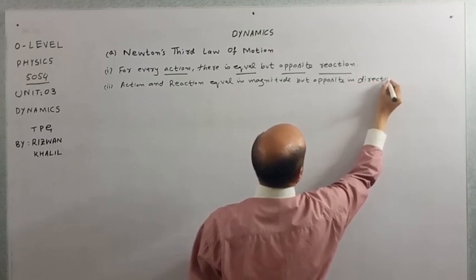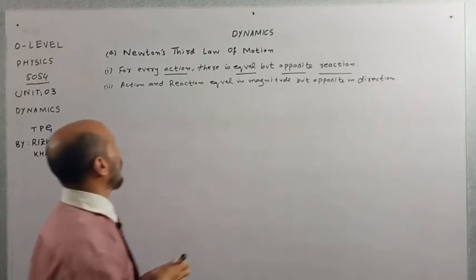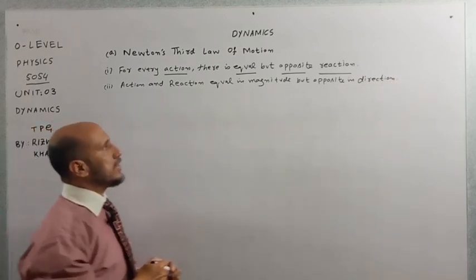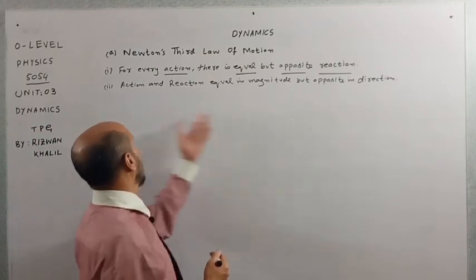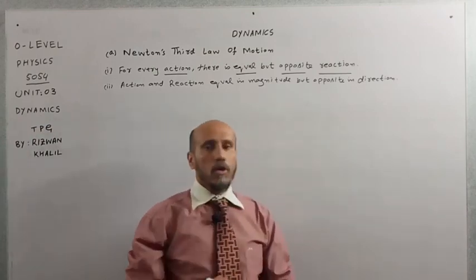So in either way we can write the statement of Newton's third law of motion. For every action there is equal but opposite reaction, or action and reaction are equal in magnitude but opposite in direction.